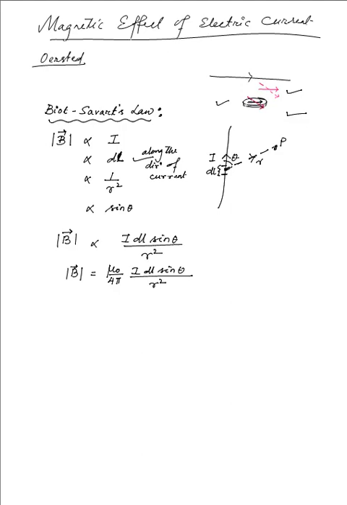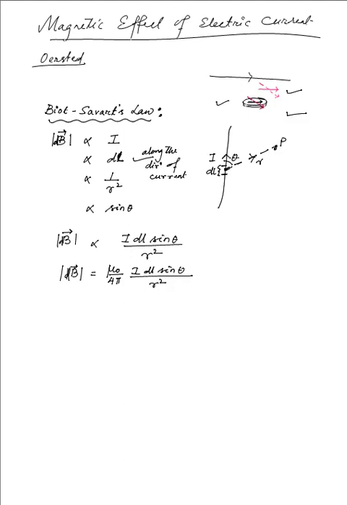Now because the length is small, we can say this magnetic field will also be small. So instead of B, I write it as dB.